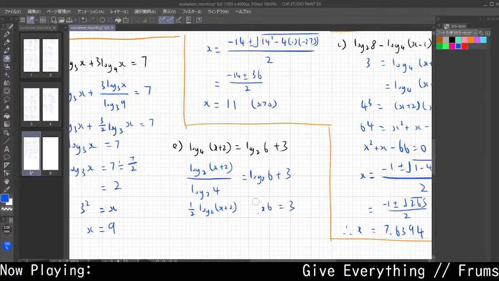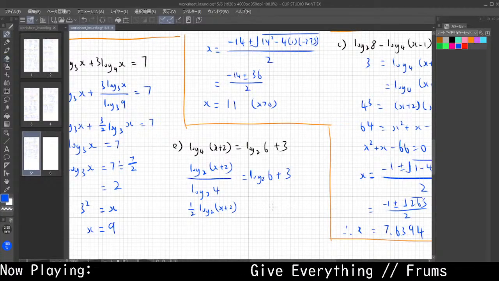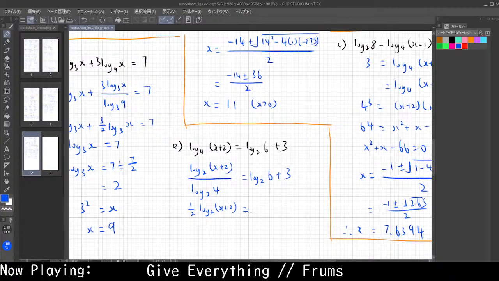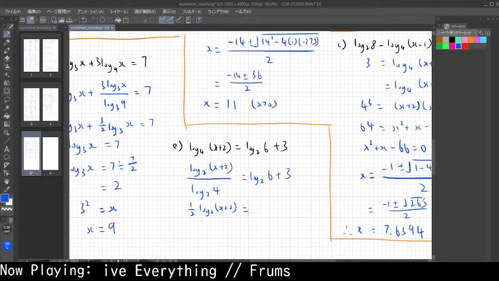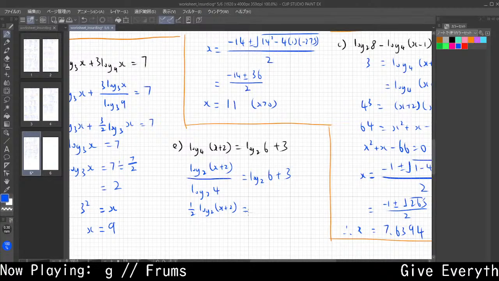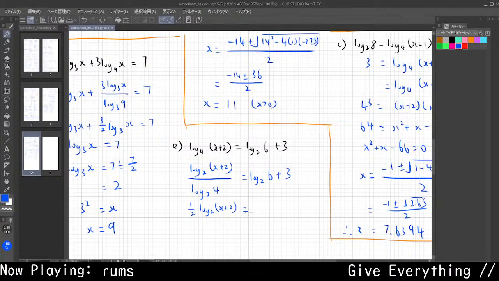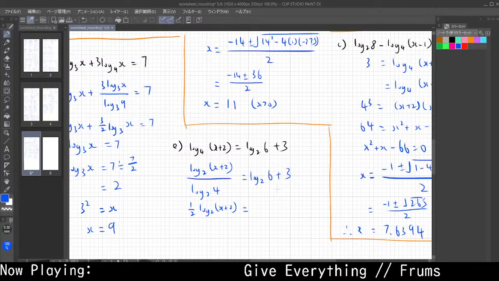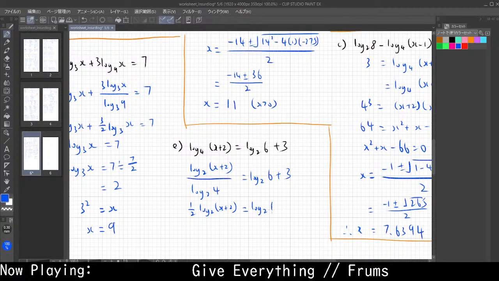Actually, there's another way you can do this. You see your left hand side has x, and your right hand side has no x. So what we can do is combine. Your log 2 of 6 just stays there.